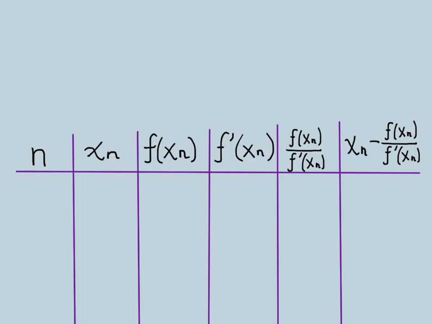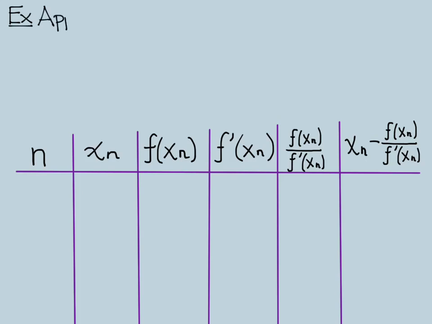The fourth column we take the derivative and plug in our x sub n. The fifth column will take the third column, f of x sub n, divided by the fourth column, f prime of x sub n. And in our final column, we will use x sub n minus f of x sub n divided by f prime of x sub n, which remember is the new guess.